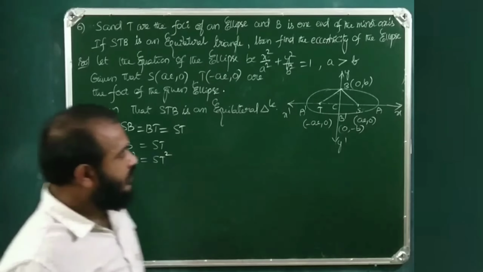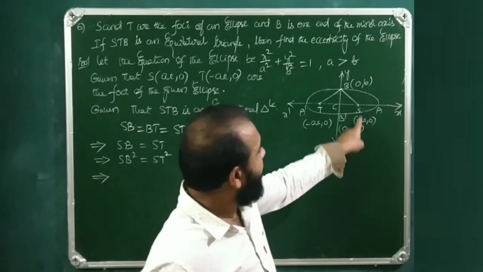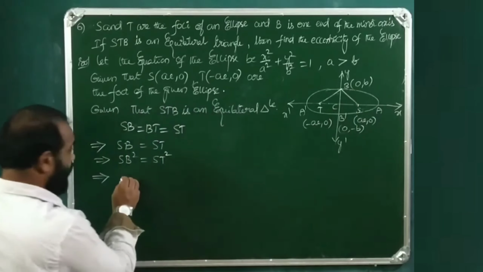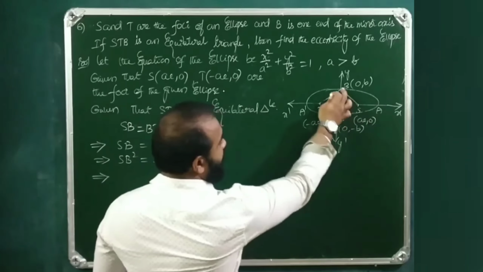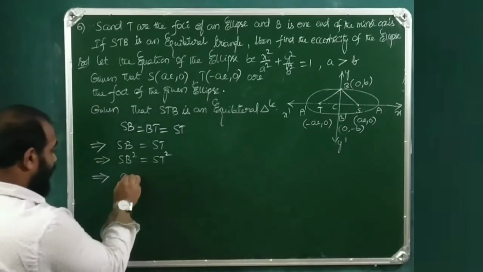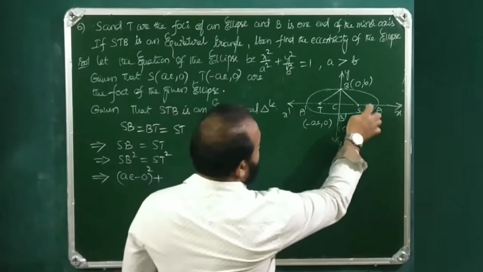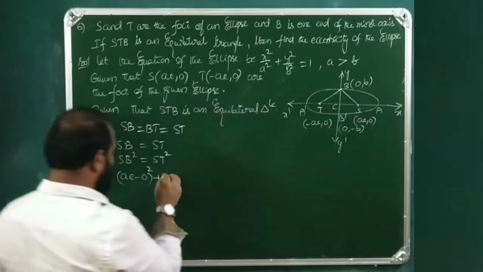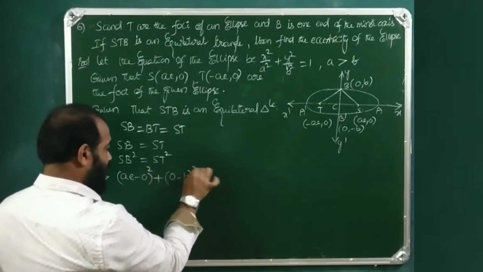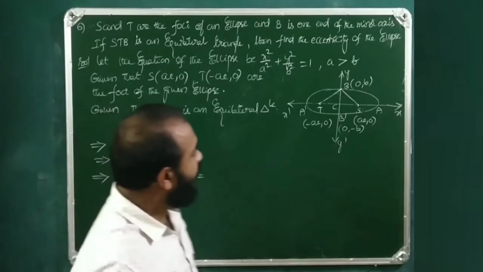So SB square is nothing but AE minus 0 whole square, the distance between the 2 points S and B, plus 0 minus B whole square is equal to ST square.